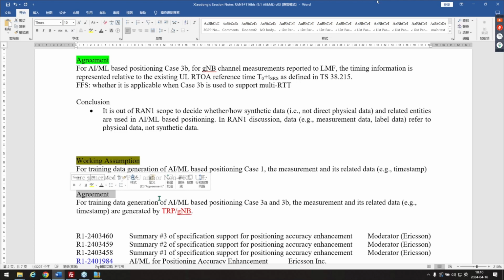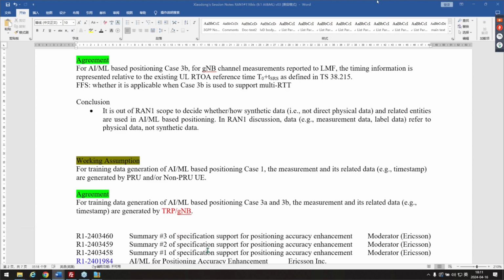I don't know if it will help anything if we have more time on this. If it is agreeable, let's agree on it. Otherwise, skip it. Final check, is it agreeable? Yes, okay. Agreement?